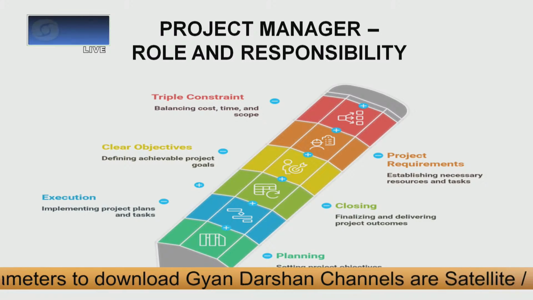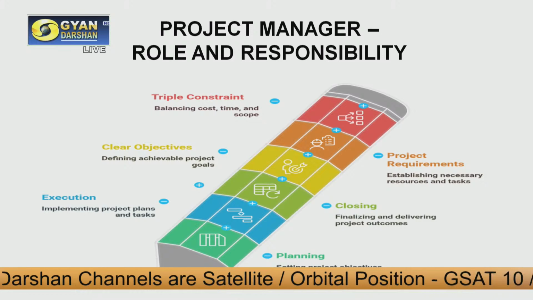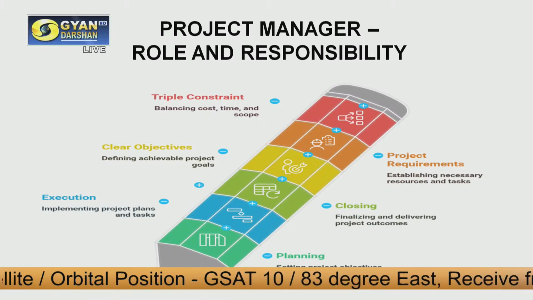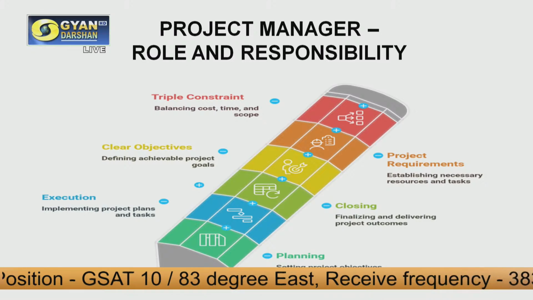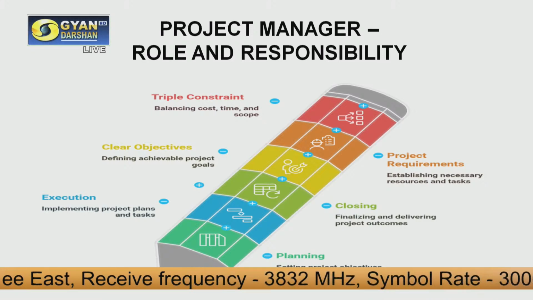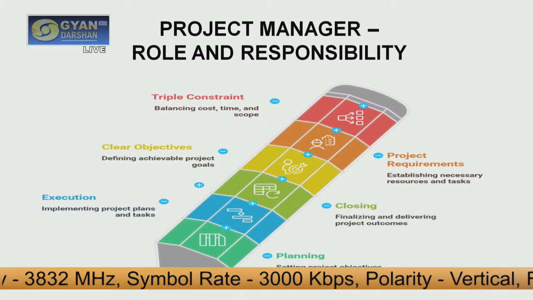And in order to execute the project, the project manager needs to have clear-cut planning, and the planning revolves around the objectives of the project. Apart from this, making the balance between the cost, time and the scope. So the implementation of the projects also requires the understanding of the requirements of the project.